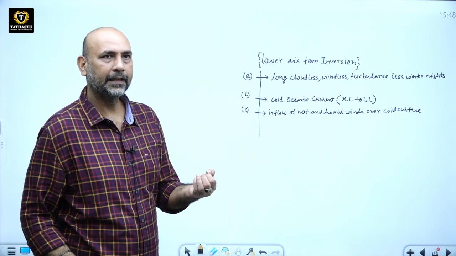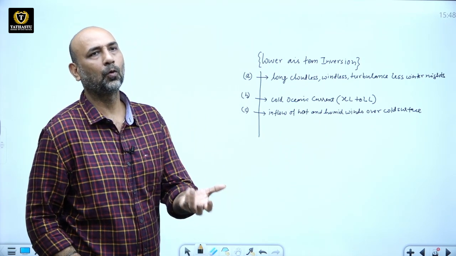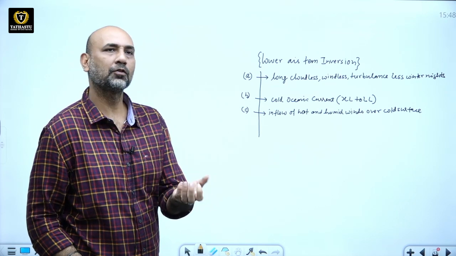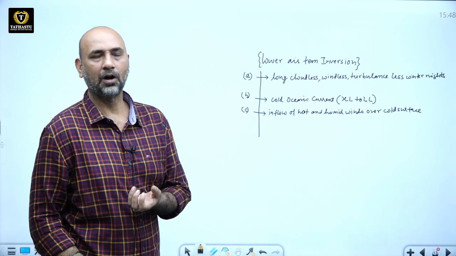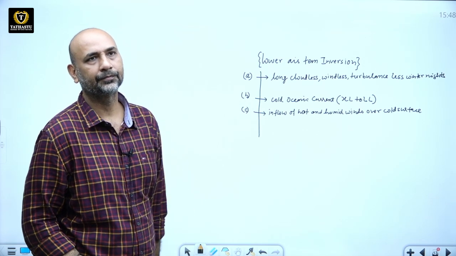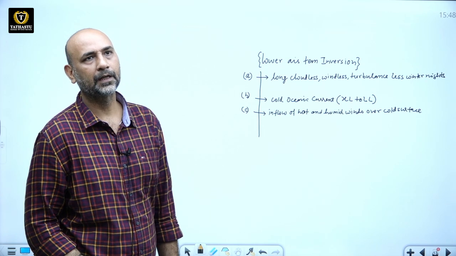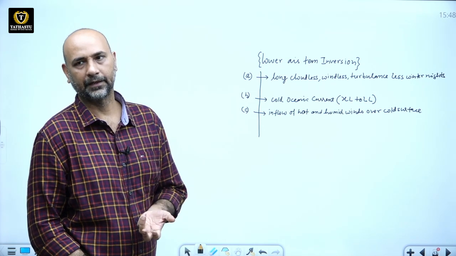Third, if there is a wind flowing over a cold surface, that cold surface could be continental surface or oceanic surface. Continental surface is colder in the winter season. Oceanic surface is colder with the presence of cold oceanic currents.